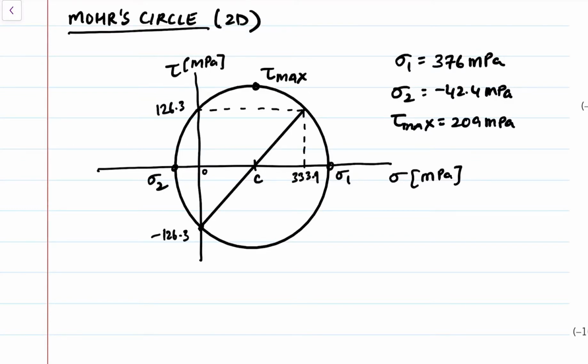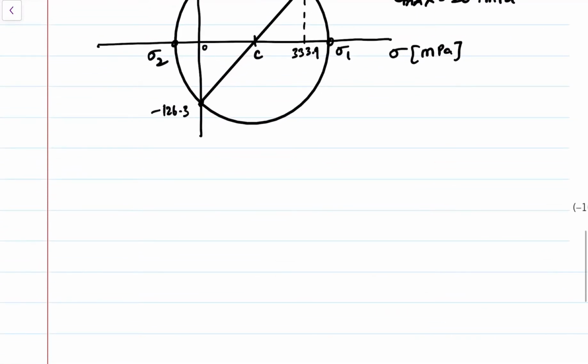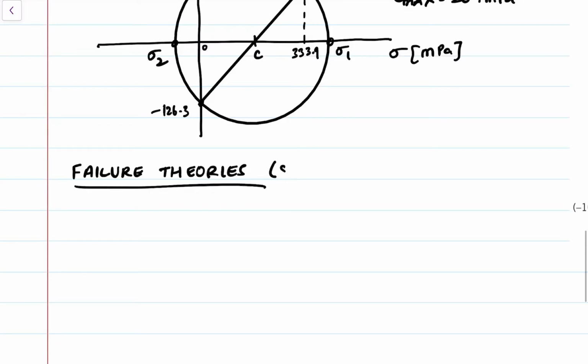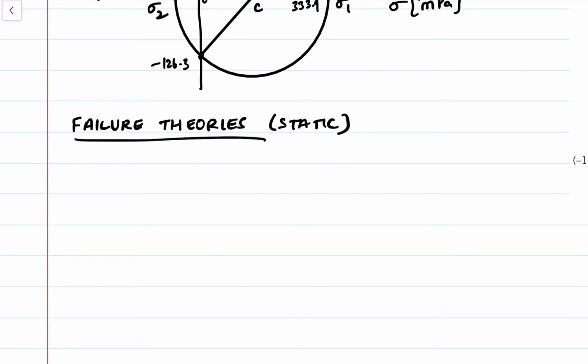All right, so now that we have the Mohr circle and the principal stresses, let's move on to the failure theories. And again, this is for static loads. All right, so the first one we're going to look at is the maximum shear stress theory.